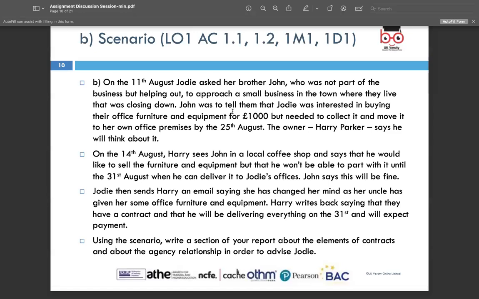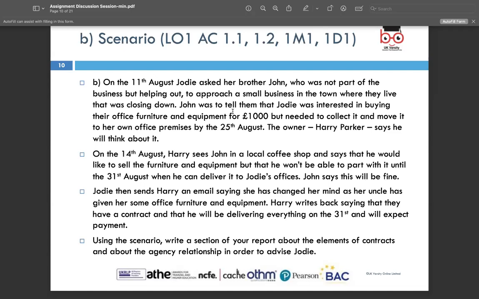Jodie then sends Harry an email saying she has changed her mind as her uncle has given her some office furniture and equipment. Harry writes back saying that they have a contract and that he will be delivering everything on the 31st and will expect payment.